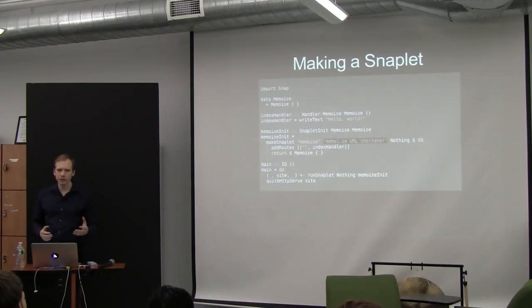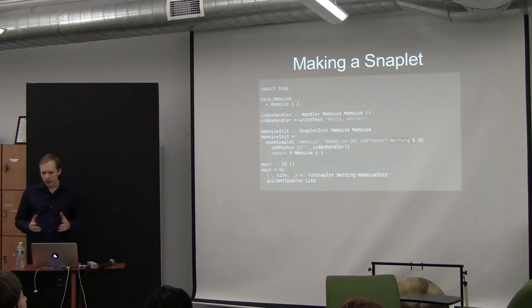But if somebody else is integrating your snaplet into their application, this is going to be really useful for them. It also takes something that can be used to create files and that kind of stuff, but we're not using that here, so we just pass Nothing instead. This is another common pattern. Nothing is kind of analogous to null in other languages, but it's a little bit different. Here we're just going to pass Nothing because we don't have anything that we need to do in this position.